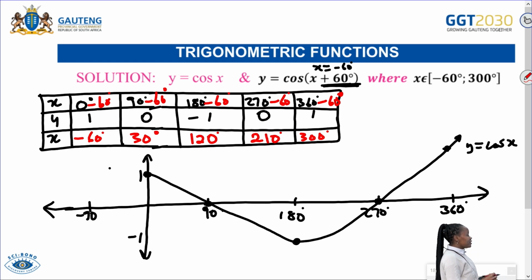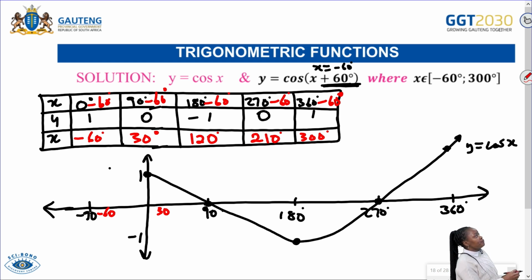So let me start with the first coordinate. Between negative 90 and 0, I'll have negative 60. And then at 90 degrees, it moved to 30, so I'll have 30 somewhere here.